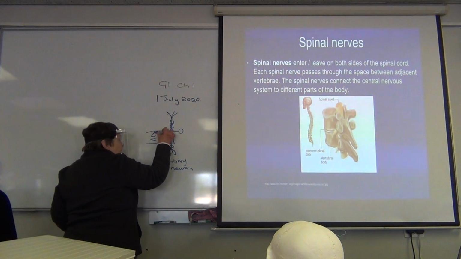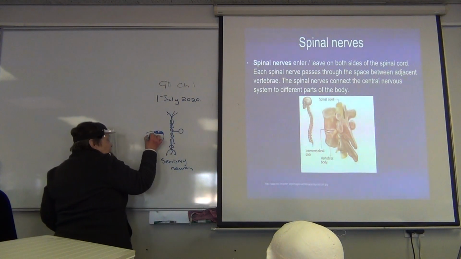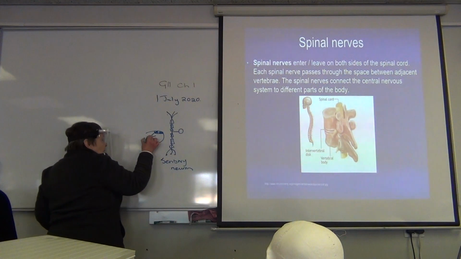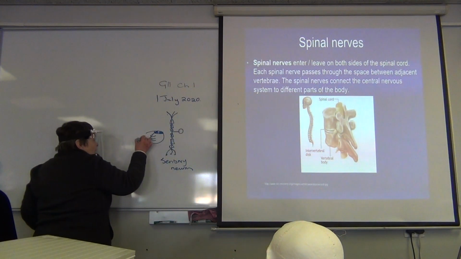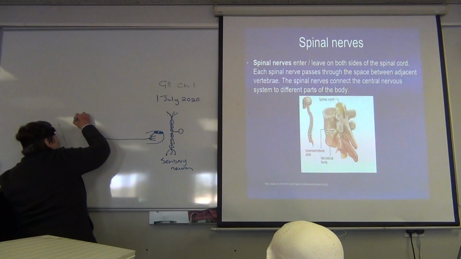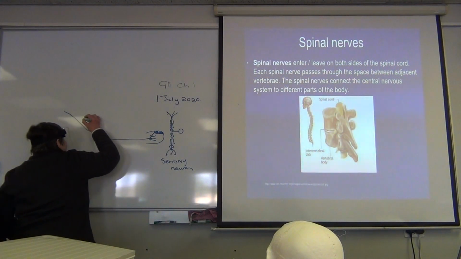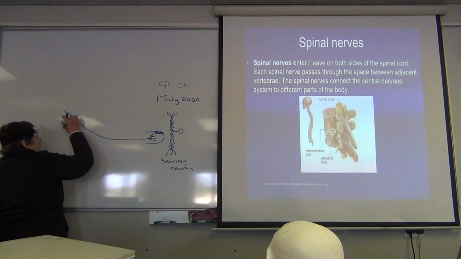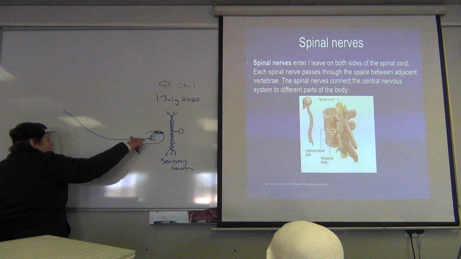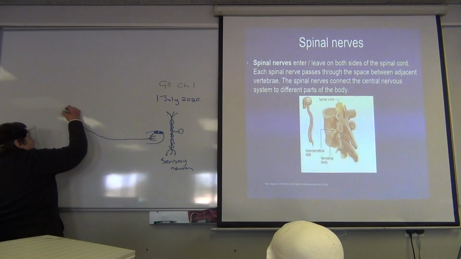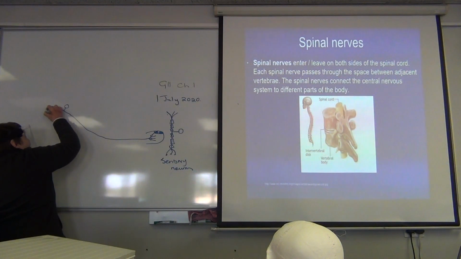Okay, so there's my nail, and these dendrites are in my finger, and the dendron goes all the way up my arm, and it goes all the way into my back. And it's one long neuron. And then here's the cell body, and there's the axon going into the spinal cord, and there are the terminal branches. Can you guys see this, or is it off the screen?